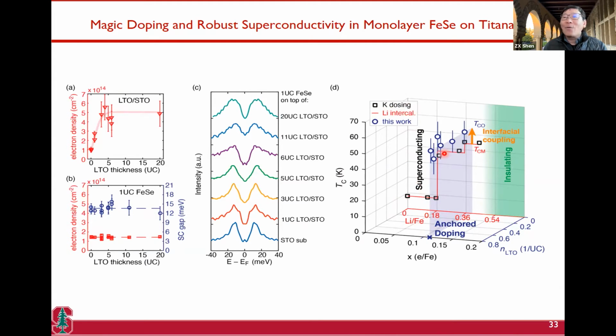Our work suggests it doesn't matter how many carriers are in the substrate, the doping in the system appears to be completely anchored, and so is the superconductivity. This also explains why in the literature, there are so many groups working on film growth, and they always end up with the same doping, same Tc in this system. So that is very intriguing.